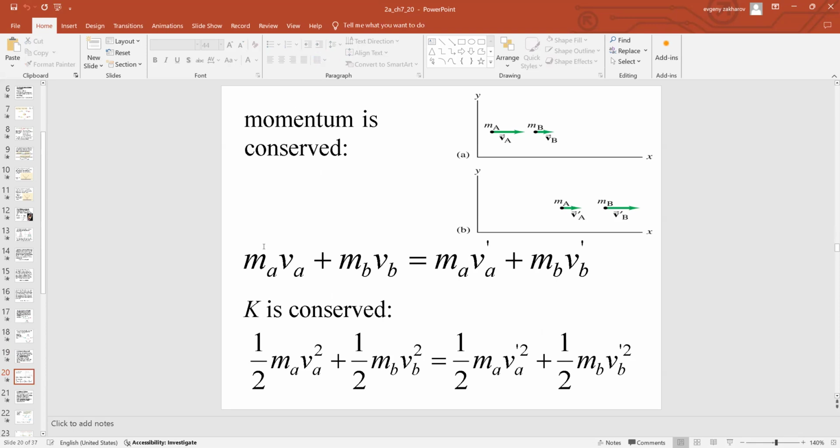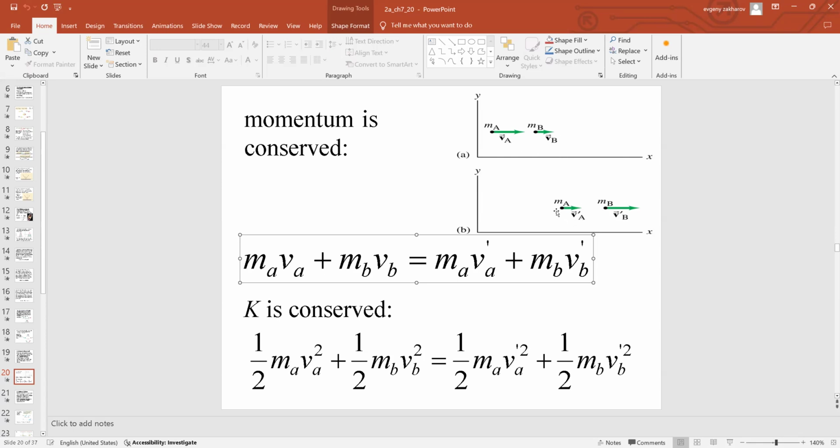So two balls get together, collide, and you say ball A with a certain mass traveling in a certain direction with velocity v sub A, and plus mass B, velocity v sub B, both of them traveling in the positive direction. It's not always the case, but this time it is the case.